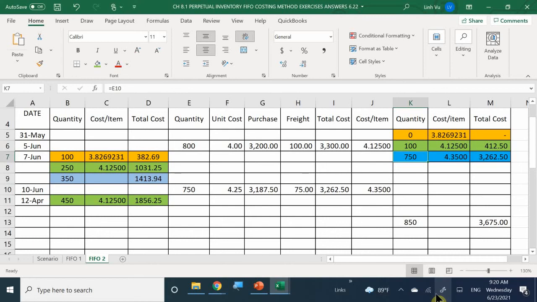So we're doing good because we had 75 cents minus 25 cents should give you 50 cents left over. So therefore, good. Now that we sold 450, I only have 850 units left to sell. So this is what I mean by perpetual inventory, is that we constantly know how much inventory we have on hand at all times.